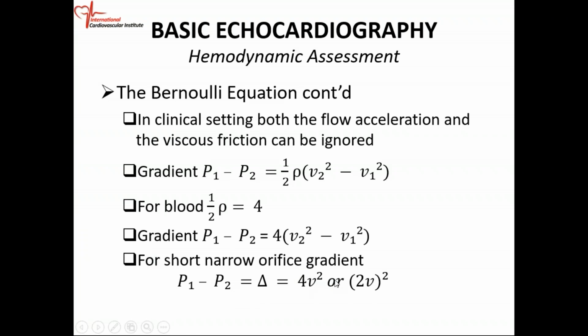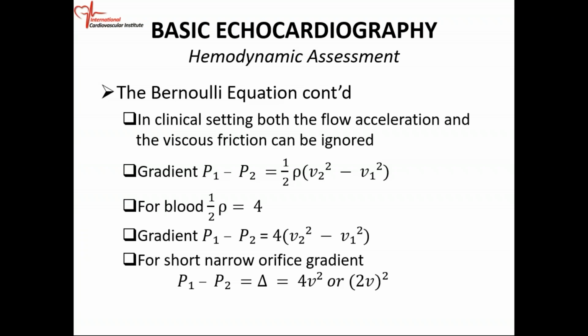So if you can get the velocity at any area, you can get the gradient between 2 points. In clinical practice, say for instance, we have tricuspid regurgitation. When we talk about tricuspid regurgitation, we talk about blood moving from the right ventricle across the tricuspid valve into the right atrium.